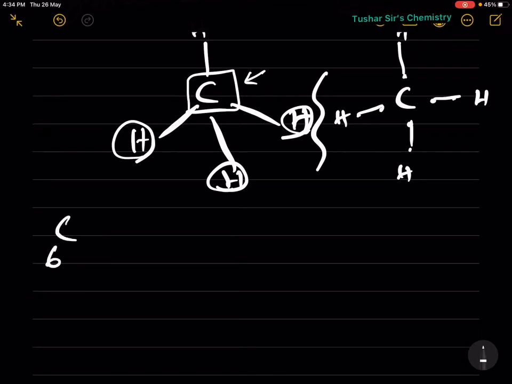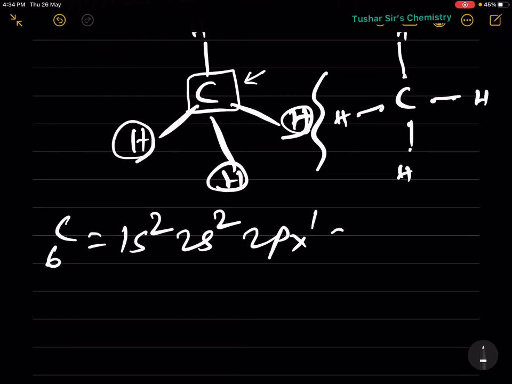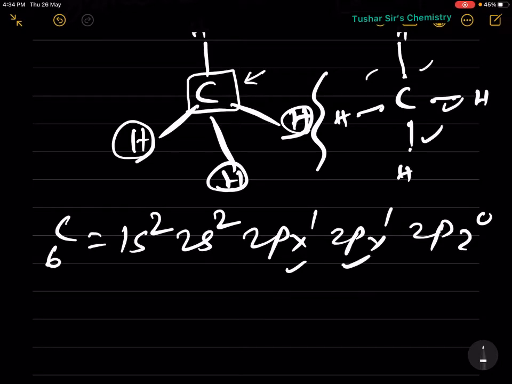Carbon 6: 1s2, 2s2, 2px1, 2py1, 2pz0. It has 2 half-filled orbitals, but it can form 4 bonds. This is possible because of hybridization. So carbon 6 in the ground state is 1s2, 2s2, 2px1, 2py1, 2pz0.